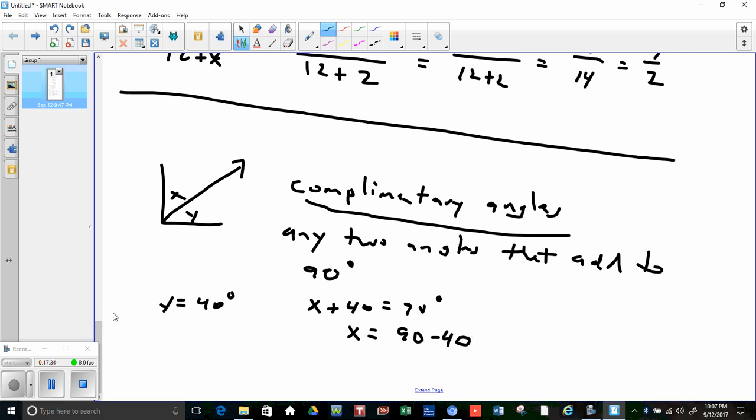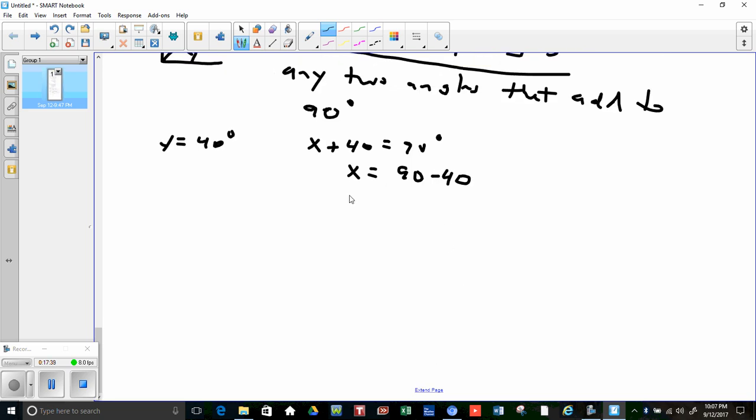Now it's a subtraction problem. This is a relatively simple one. You probably don't need to change it, but you could change this to an addition: 90 plus the opposite of 40. So 90 to the right, 40 back to the left is going to put us at 50 degrees.